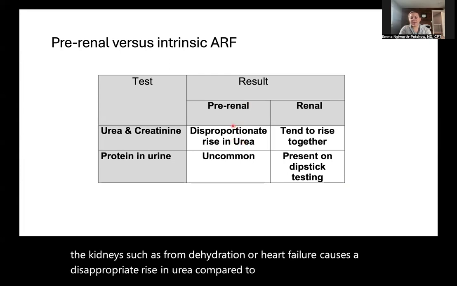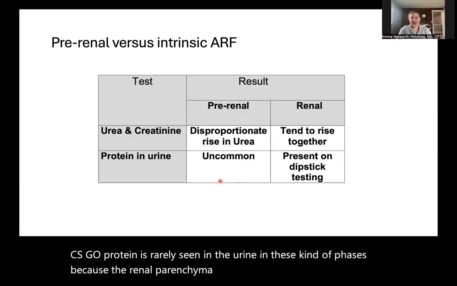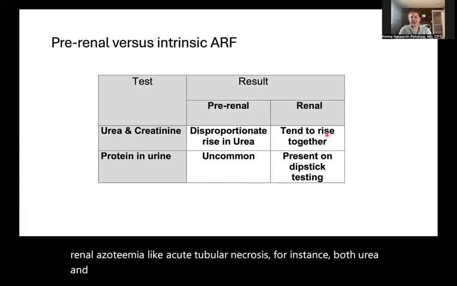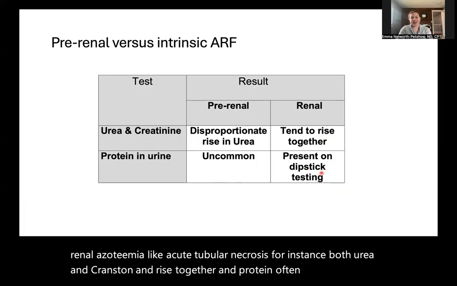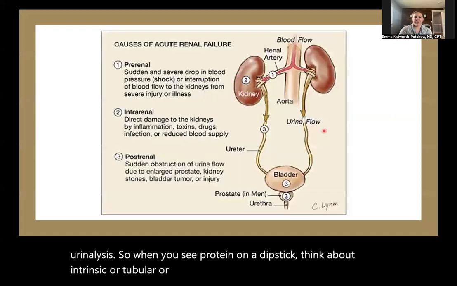So that ratio. Protein is rarely seen in the urine in these phases because the renal parenchyma itself is intact. But in intrinsic or renal azotemia, like acute tubular necrosis, for instance, both urea and creatinine rise together, and protein often appears on urinalysis. So when you see protein on a dipstick, think about intrinsic, tubular or glomerular injury.